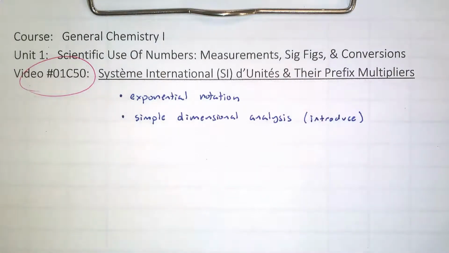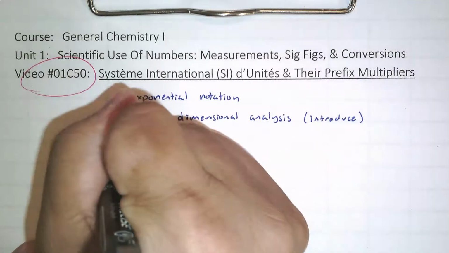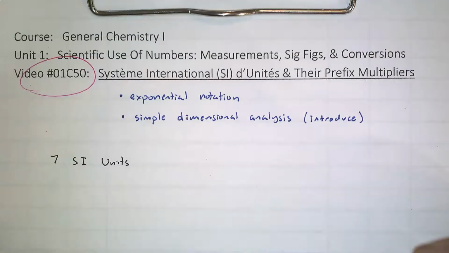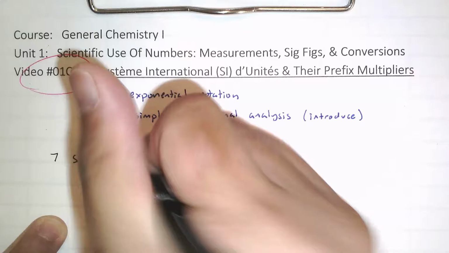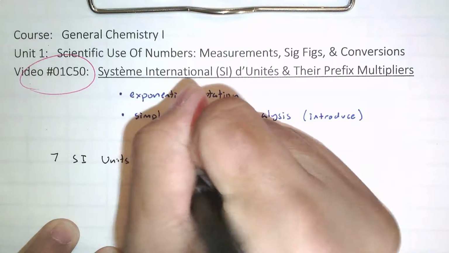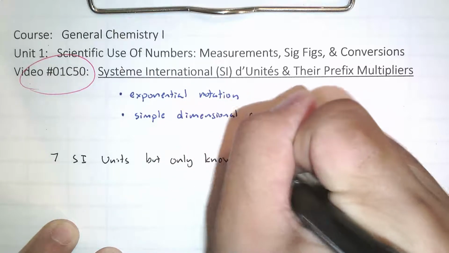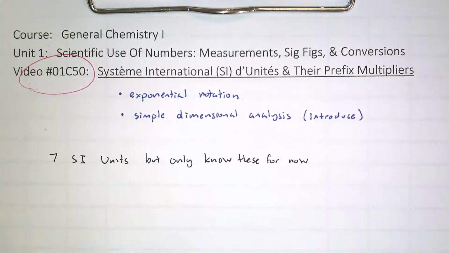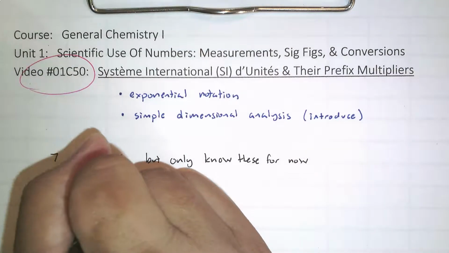All right, there are 7 SI units. But for now, I only want you to know about a couple, the ones that are going to be most important for us at the beginning of the course. First one is length, and we could label our column.